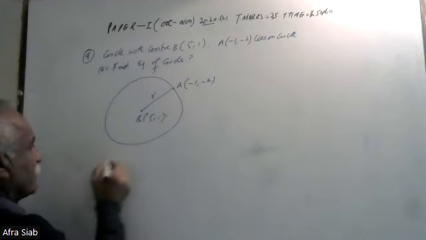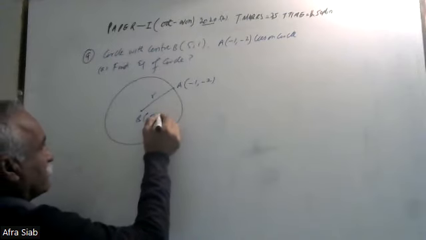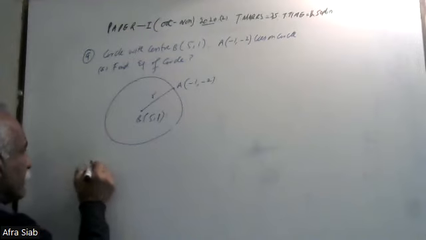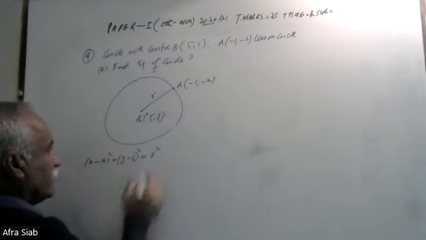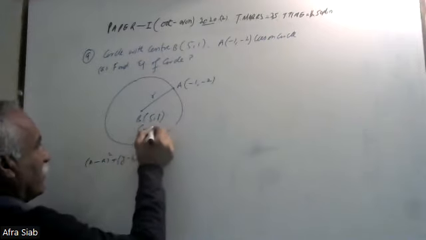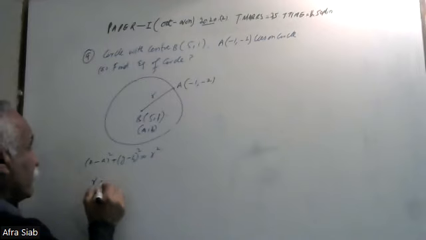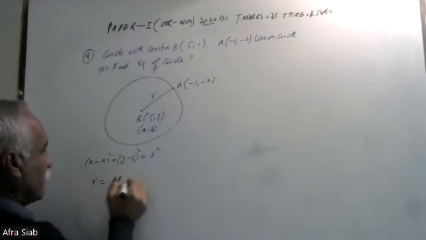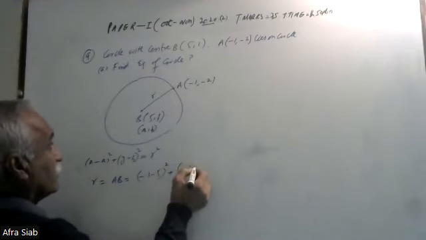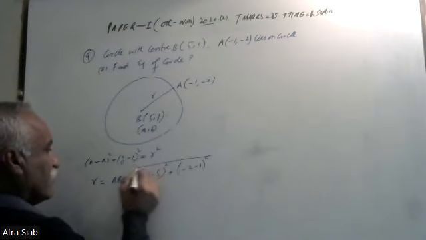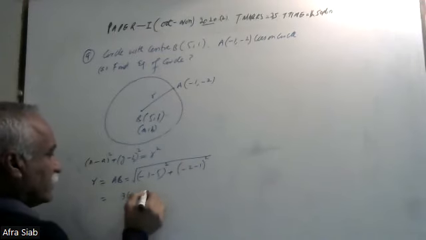So if we can calculate the radius, then the equation of the circle from this center we can calculate as x minus a whole square plus y minus b whole square is equal to r square, if (a, b) is the center of the circle. Now radius is equal to AB, and that is equal to the square root of minus 1 minus 5 whole square plus minus 2 minus 1 whole square, that is 6 square is 36 plus 3 square is 9.